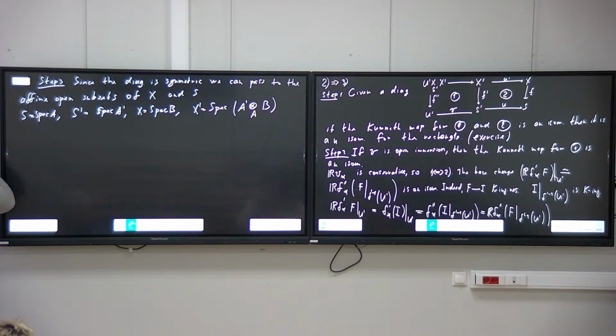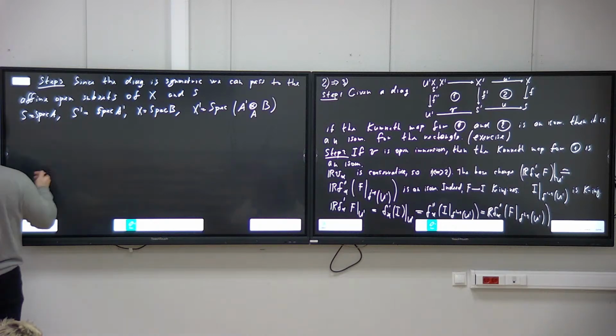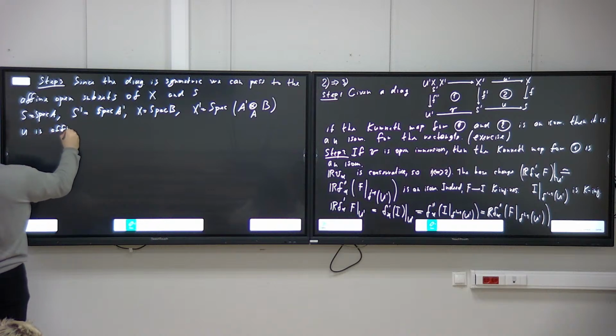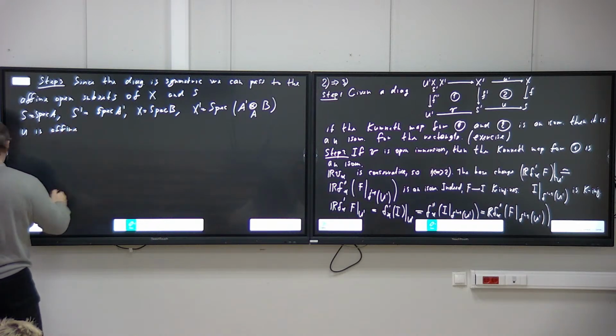Okay, so now in this case, when we do everything for the affine situation, of course the map u on the left in the diagram is an affine map, so then the functor Ru_* is conservative as before, and 1 is equivalent to 2, right? So let me write this: u is affine in the affine situation.